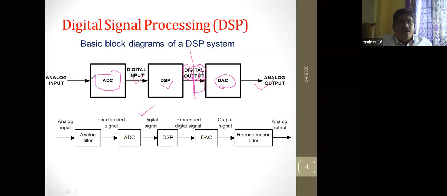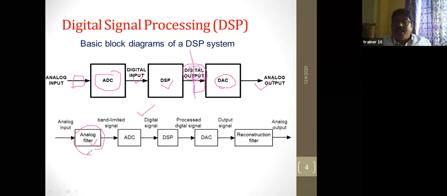So before this ADC, we can also arrange an analog filter. What is the meaning of a filter? It filters the unwanted frequencies from a signal. Before the ADC, for getting good accurate results, we add an analog filter.